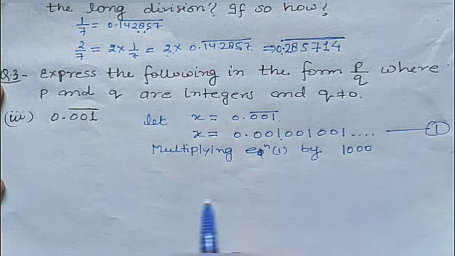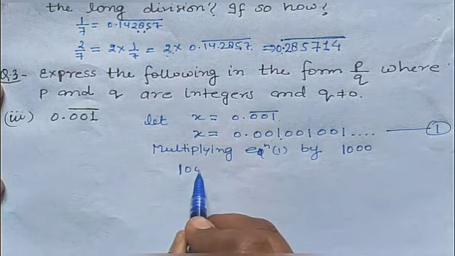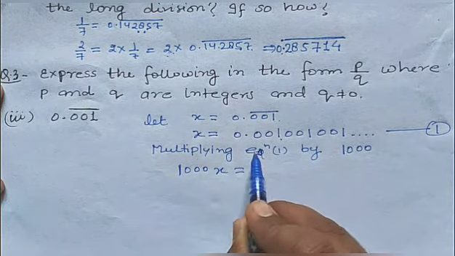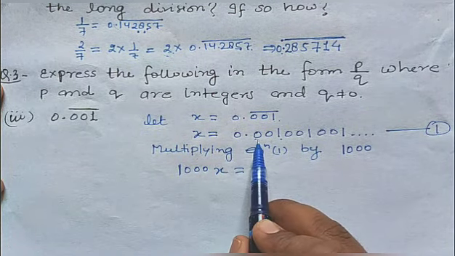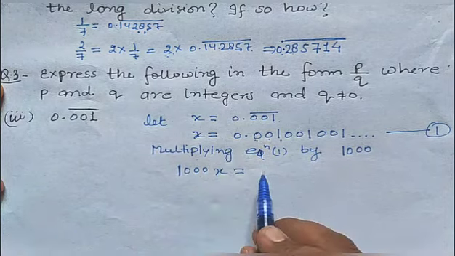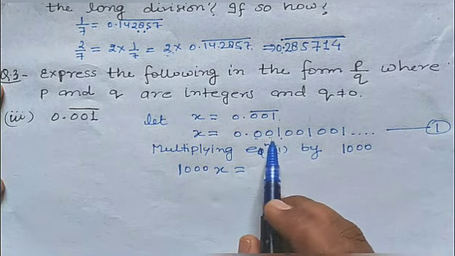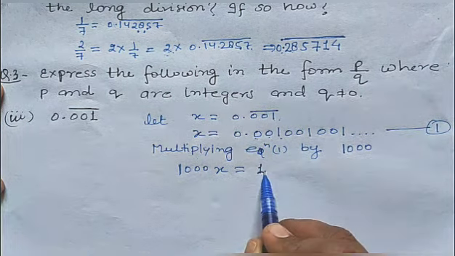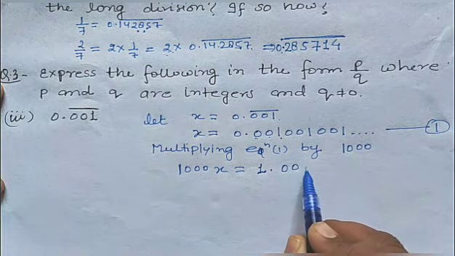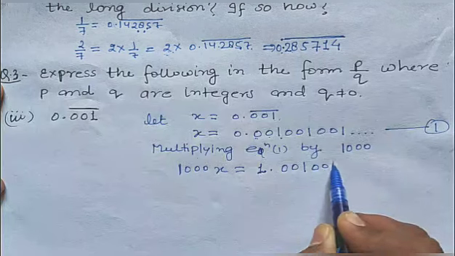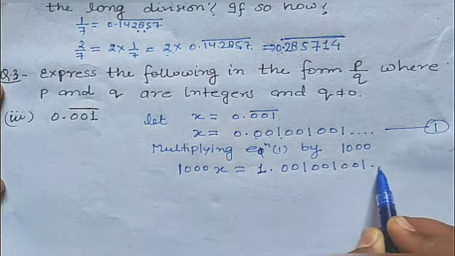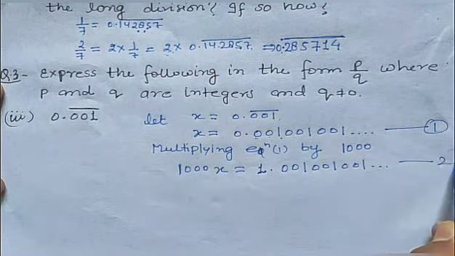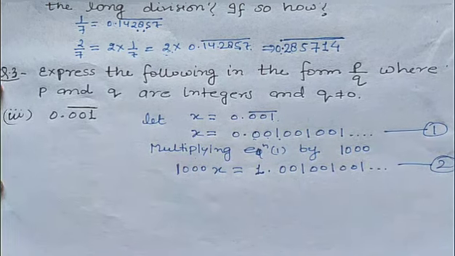So 1000x is equal to, if you multiply by 1000, this 001 will be shifted to the left-hand side. Before 1, the 00 having no value, so it will be 1.001001001, and so on. Suppose this is your equation number 2.